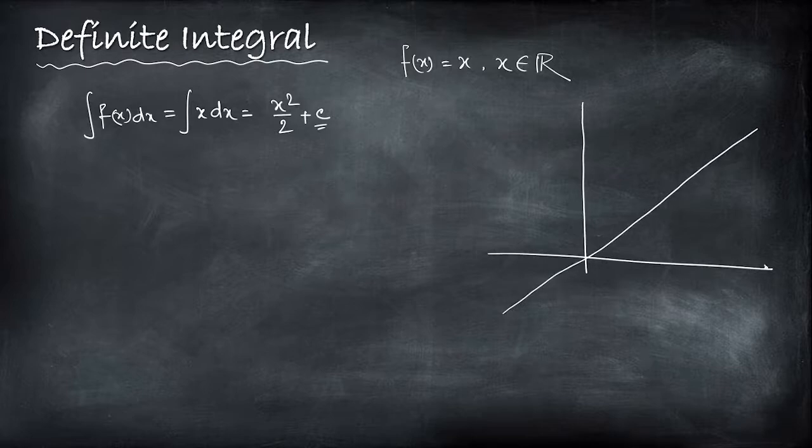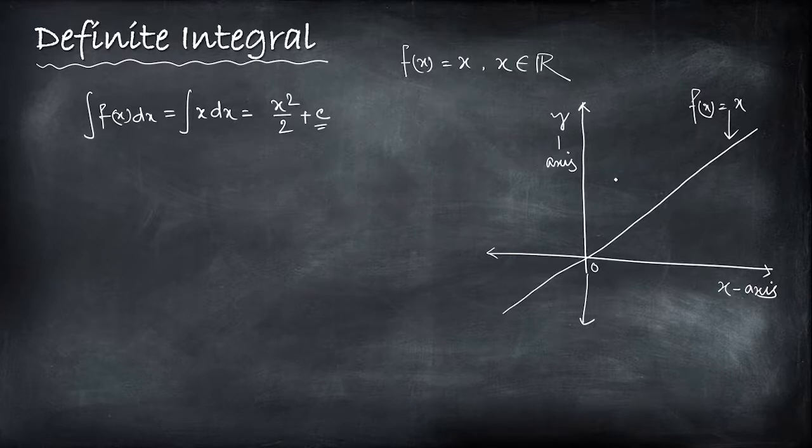This is our x axis, and this is our y axis, that means f of x axis, and this is our function f of x equals x. This is the curve of this function, which is a straight line.